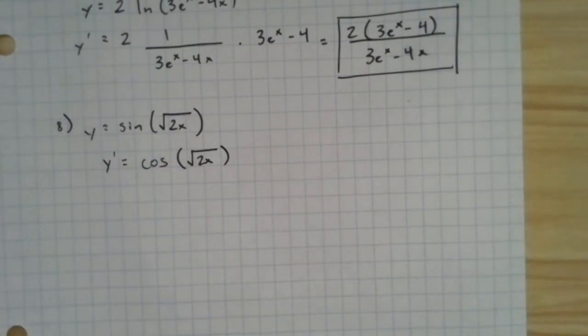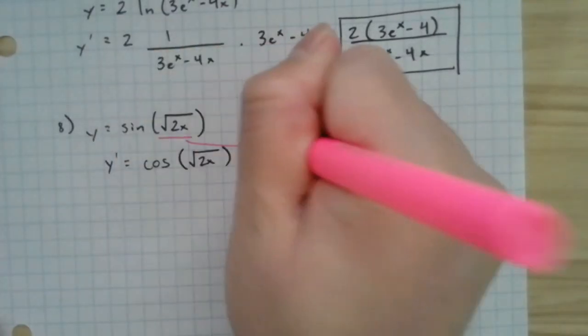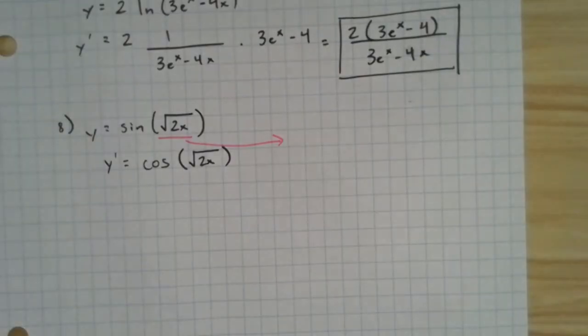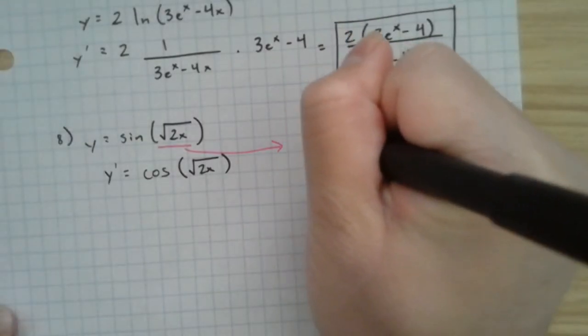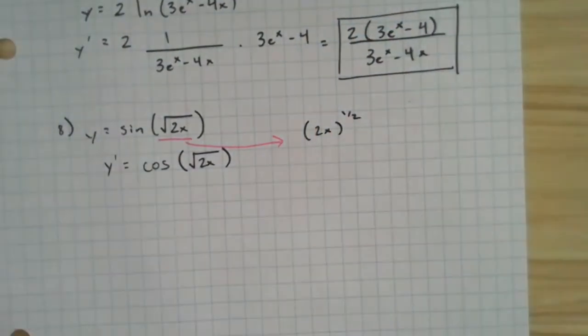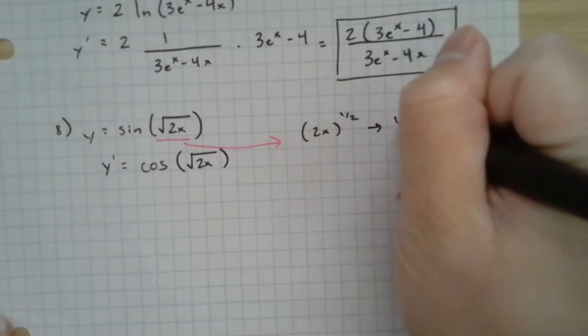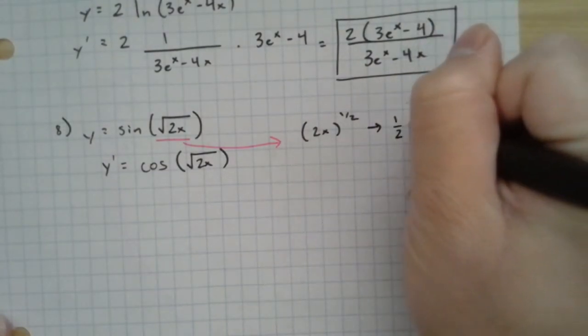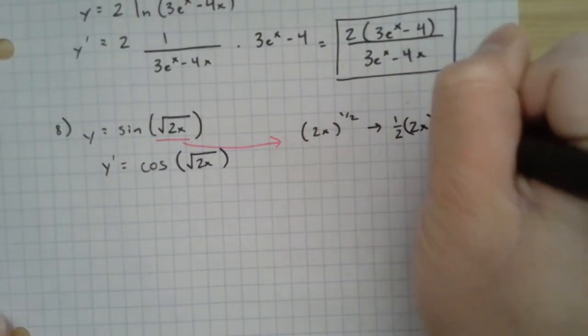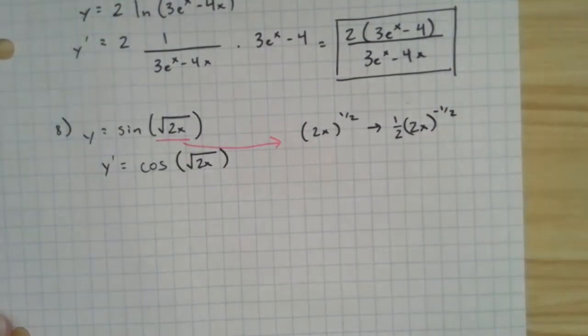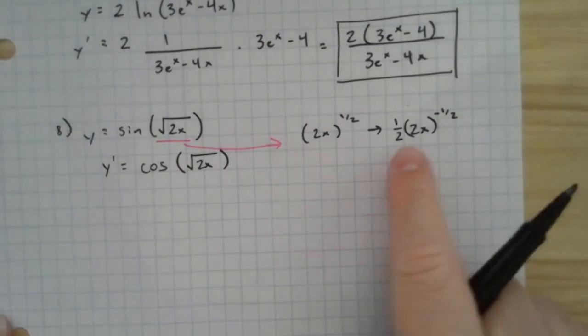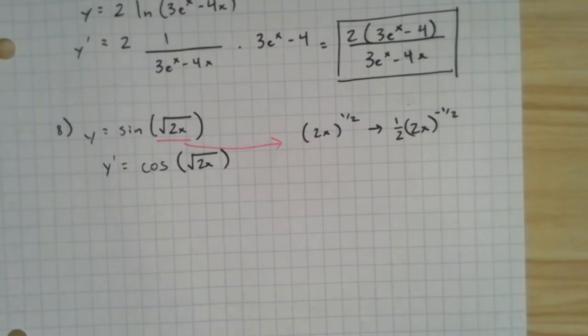The derivative of the inside there, let me just make a side note here. You can rewrite the square root of 2x as 2x to the 1/2. And so then if you take the derivative here, that'll be 1/2 (2x), and then you subtract 1 from the exponent. The 2's would cancel.